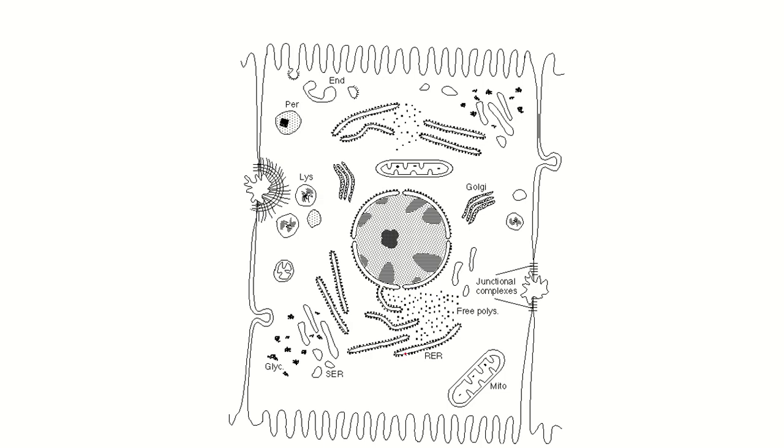This is the diagrammatic picture of the hepatocyte showing the large nucleus with prominent nucleoli, a large amount of euchromatin, a small amount of heterochromatin, mitochondria, a large amount of rough endoplasmic reticulum, well developed smooth endoplasmic reticulum, glycogen, peroxisome or lysosome, and Golgi complex.